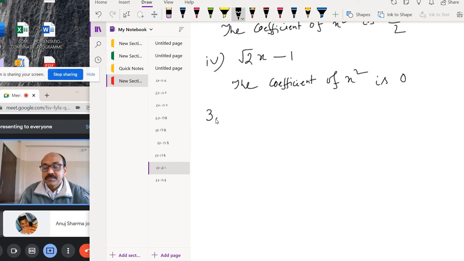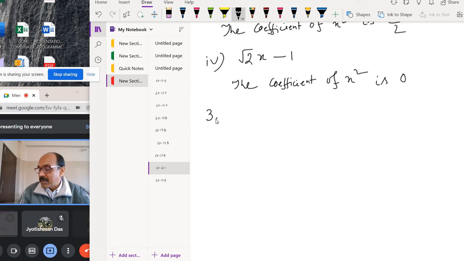Binomial means the sum of two terms is present in the expression or polynomial. So binomial means the sum or difference of two terms.